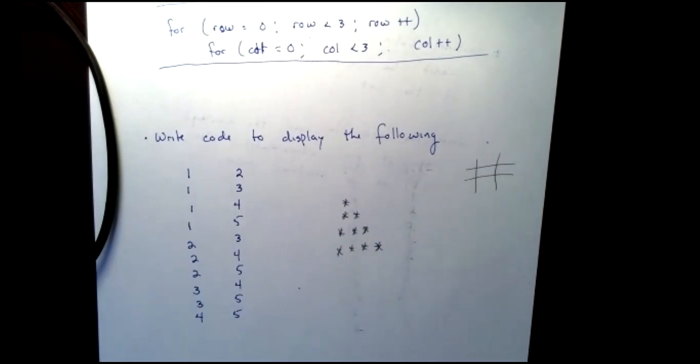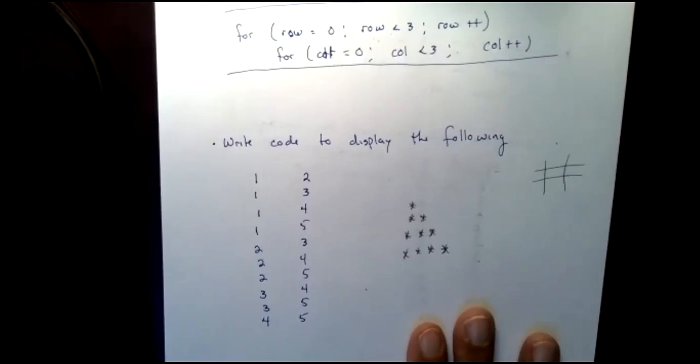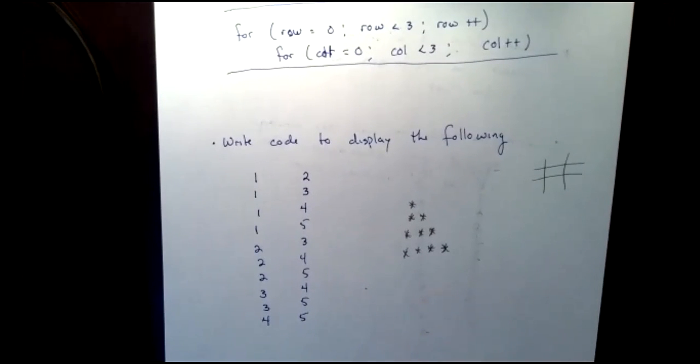All right, so I'm going to put you in small groups. I'm going to leave this on my camera. I don't know if any of you want to screenshot it real quick or take a picture or something. But I want you to display the following code. And then the second thing I want you to do is display the asterisks. 1 asterisk, 2 asterisks, 3 asterisks, 4 asterisks.